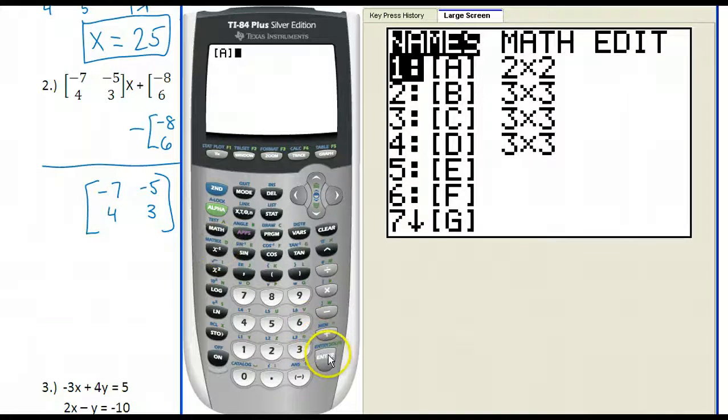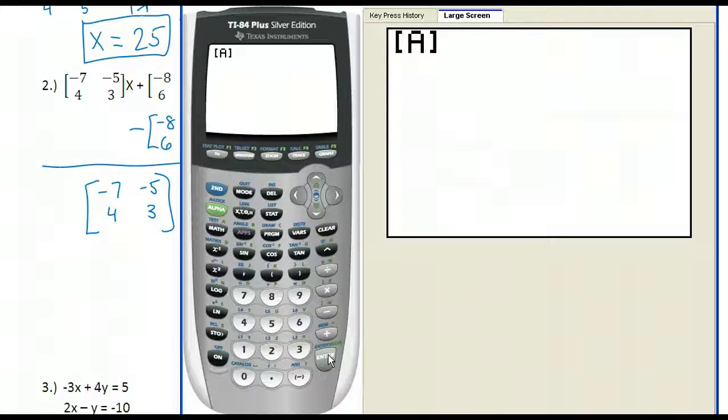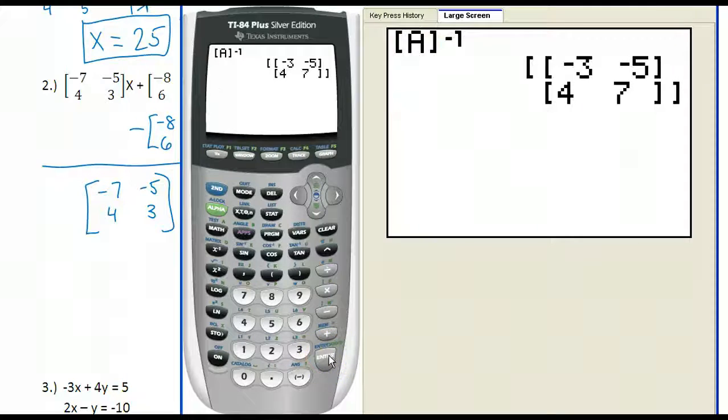So I'm going to put matrix A in the home screen. And then if I look at this button right here, x to the negative first power, that is my inverse button. I'm going to find the inverse of matrix A. When I hit enter, there's my inverse.